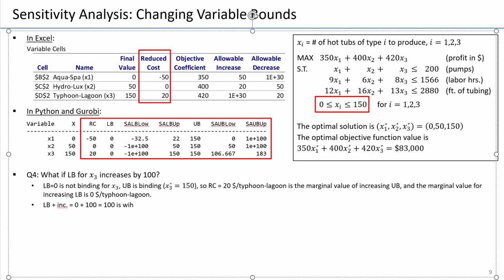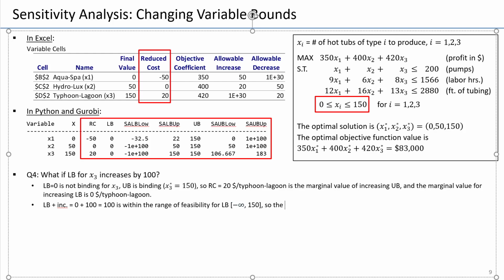What's the range of feasibility for the lower bound? It's from minus infinity, a very large negative value, up to 150. So this 100 is below 150, not exceeding it. So it is within the range of feasibility for the lower bound, which is from minus infinity to 150.